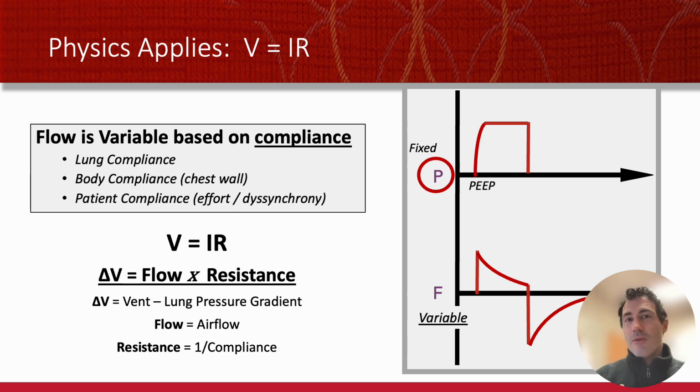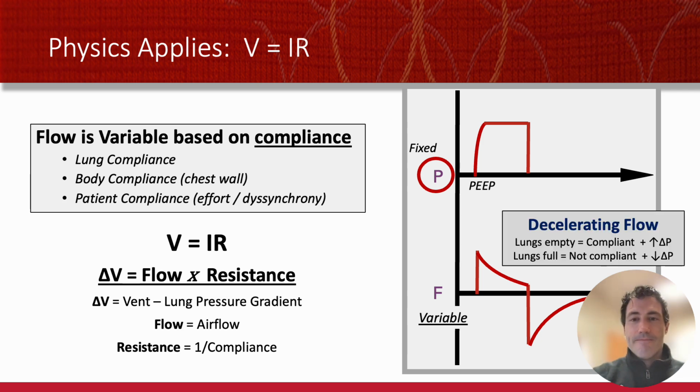I always think of that with the V equals IR equation, the voltage gradient or delta V being the difference in pressure between the ventilator and the lung, current or I being airflow, and R being resistance, or if you like to think about it as compliance, the inverse of compliance. The lungs decelerate, like we talked about, using this relationship.